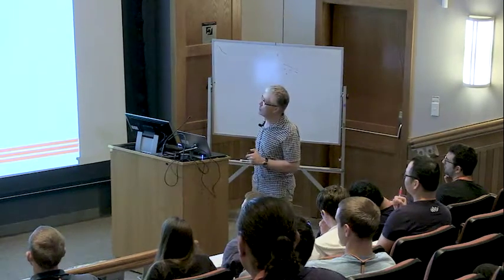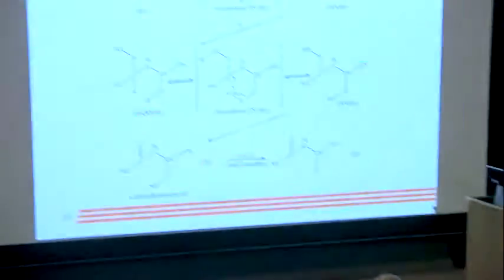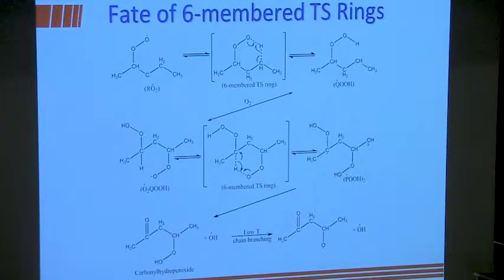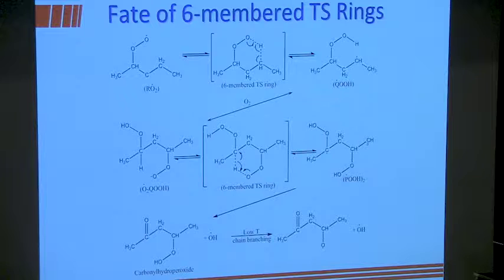When we form a cyclic ether, this oxygen atom can rotate, and this four-membered ring can rotate around so that you can generate a bond between the carbon and the oxygen, eliminating OH. But if we look at that, that's a 1, 2, 3, 4-membered transition state ring. How's that in terms of ring strain?